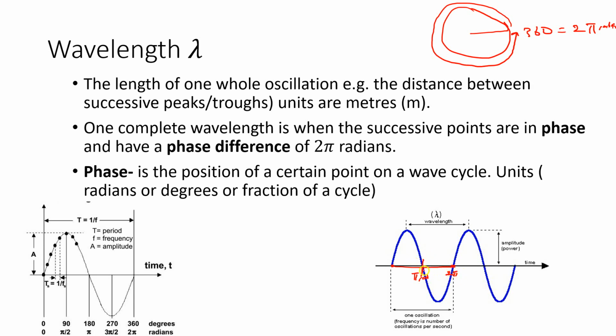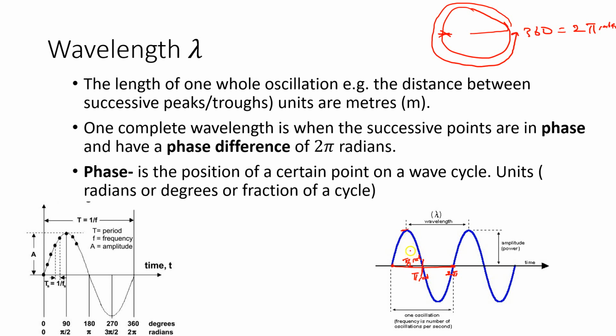If you're completing half a wavelength, then you're going to have a phase difference of pi radians, which means this is where you would have stopped, right here. So this would be half a wavelength. Now, from the starting point to the peak, that would have a phase difference of half of pi. That means we have a quarter of a wavelength.